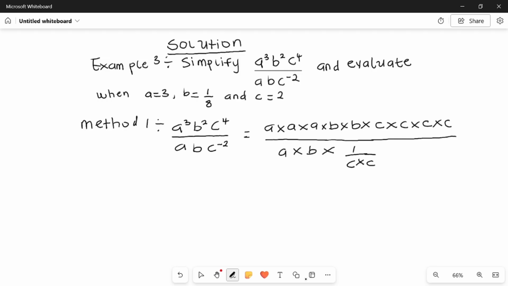Alright. So this is the first step. So now we can simply times a times b by 1 to get ab over c times c.